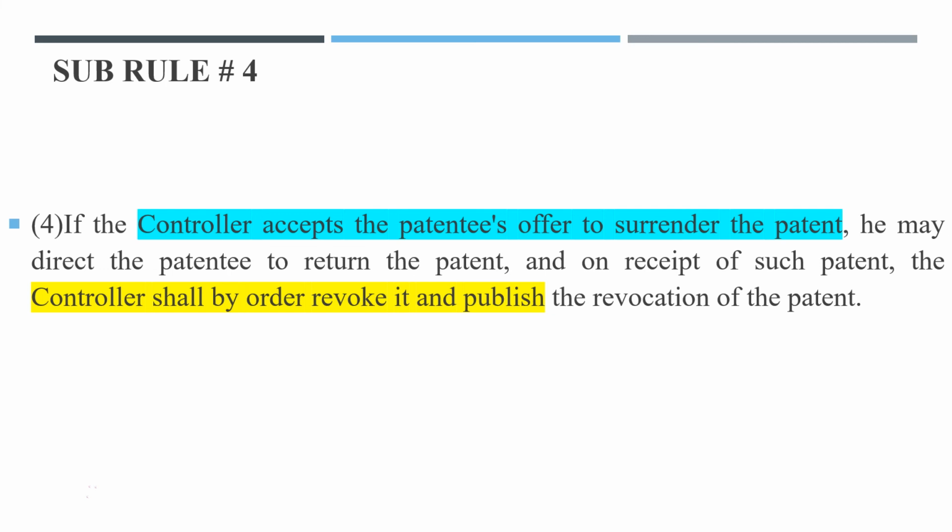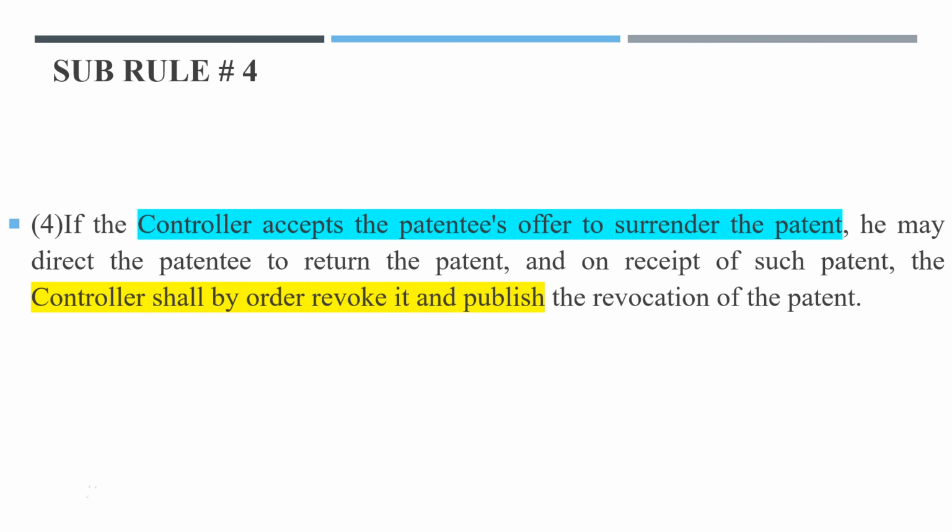So in the last subrule of rule number 87, in a situation where the controller accepts the offer to surrender the patent, what does he do? He directs the patentee to return the patent. After receiving the patent, the controller, by passing an order, revokes it and publishes the revocation of the patent. This is the simple procedure the controller follows here.